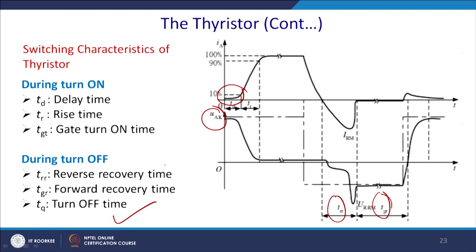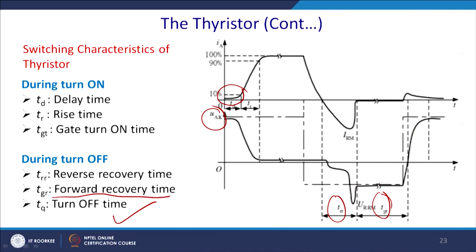When both are recovered. The recovery time means it has regained its forward blocking capability, but if you have a false triggering, it will again turn to conduction. For this reason, we have the forward recovery time, or these combined, and then we can say that the thyristor has regained the forward blocking capability. So, you have to wait for time trr plus tgr.